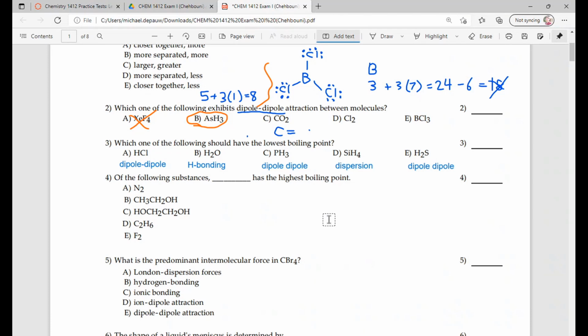Now here's the deal. It is possible, because dispersion forces stack, that if you have really, really high dispersion forces, you could actually be stronger than hydrogen bonding. But in order to have very high dispersion forces, you need a very large, a very heavy, and a very long molecule, okay?